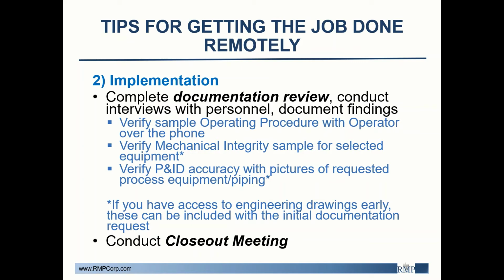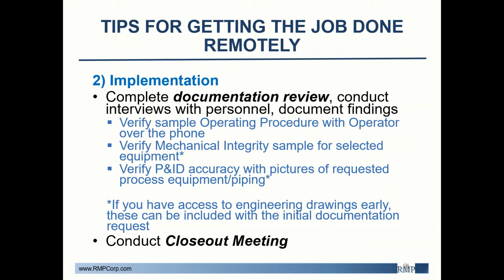We'll also want to verify mechanical integrity samples for whatever equipment we select, and we'll also want to verify PID accuracy during this phase. I have a little star next to those two elements because if you are able to get PIDs early, then you would be able to look at what kind of equipment is in the process that's being regulated. As an external auditor, I would look at the PIDs and pick out a specific vessel or a specific valve number, any kind of piece of equipment, and I would request documentation for that specific piece of equipment.